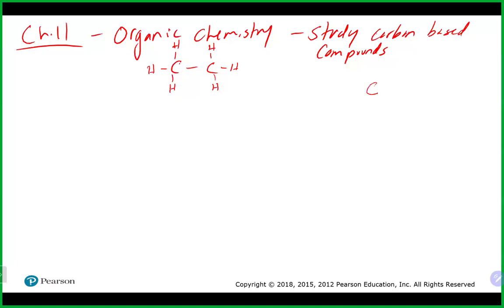It's also really important to remember the octet rule and the idea that carbon will continue to make bonds until it has 4 bonds around it. Remember, we don't want to go over 4 bonds with carbon ever.